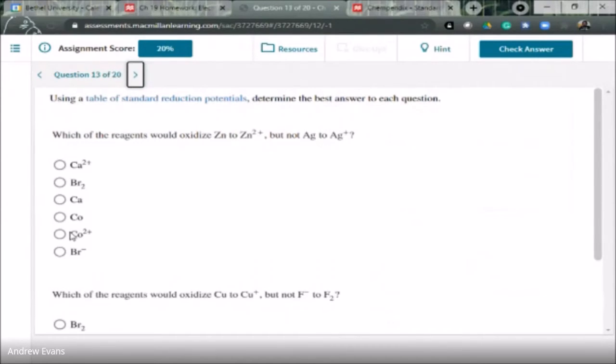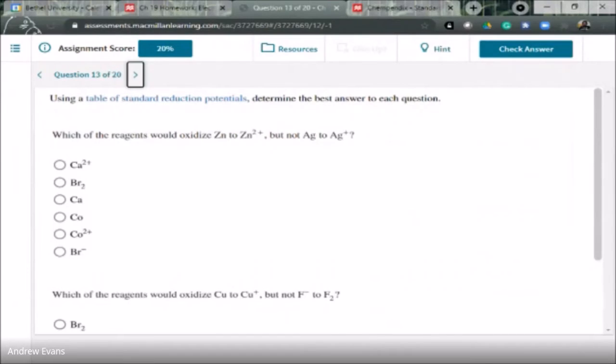So just like you have an acid and conjugate base, you have a reductant and conjugate oxidant. And so you want to find the guy who will be reduced. And then you'll have to find which of those fits right between zinc and silver.